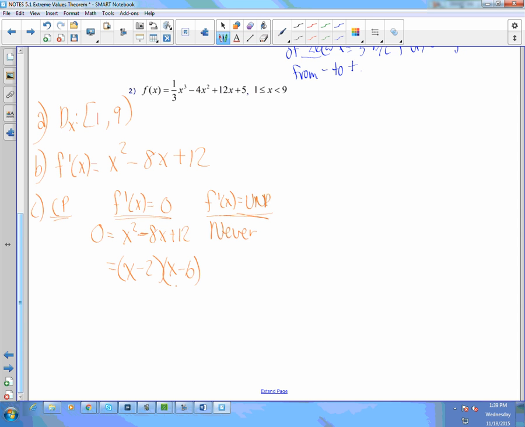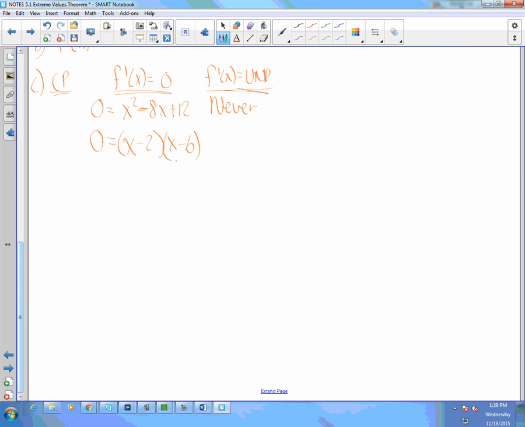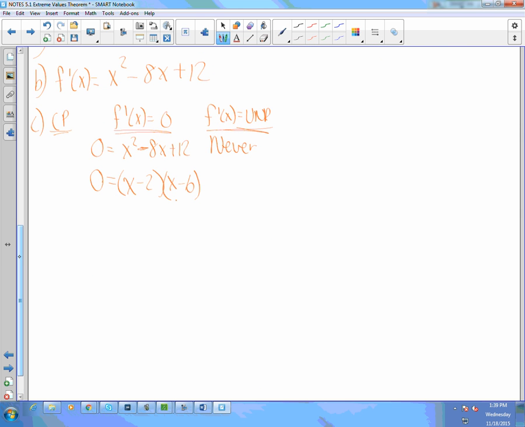Okay, because we're looking for two numbers that multiply to 12 and add to negative 8. And you have negative 2 times negative 6. That works. That's not your solution yet. We apply the zero property.